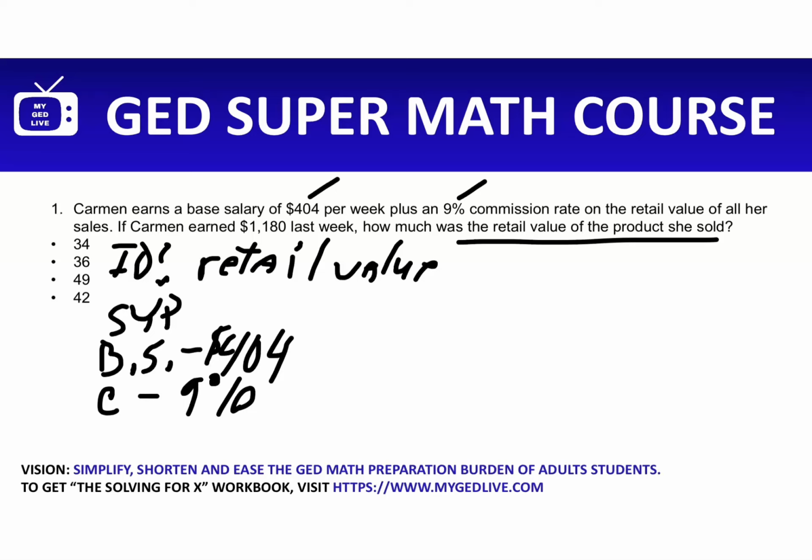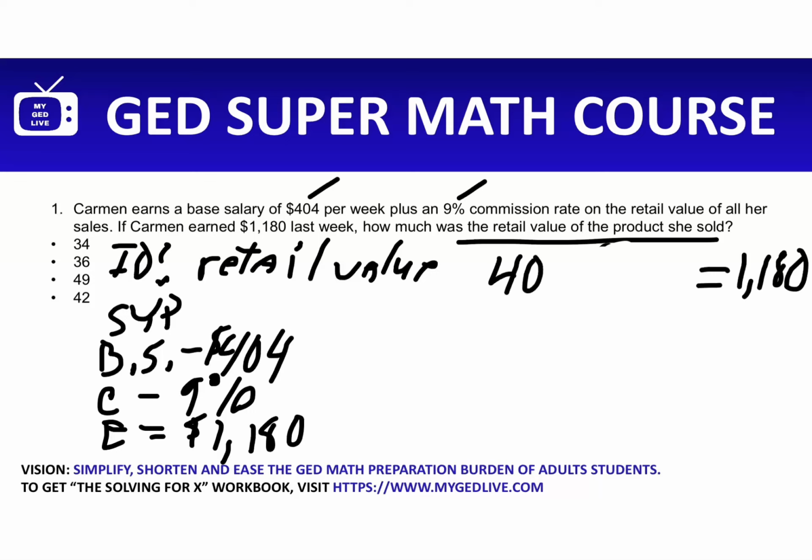And her total that she earned last week was $1,180. Now that we have some detail here, let's set up this equation. We know that her total amount that she earns that week was $1,180.